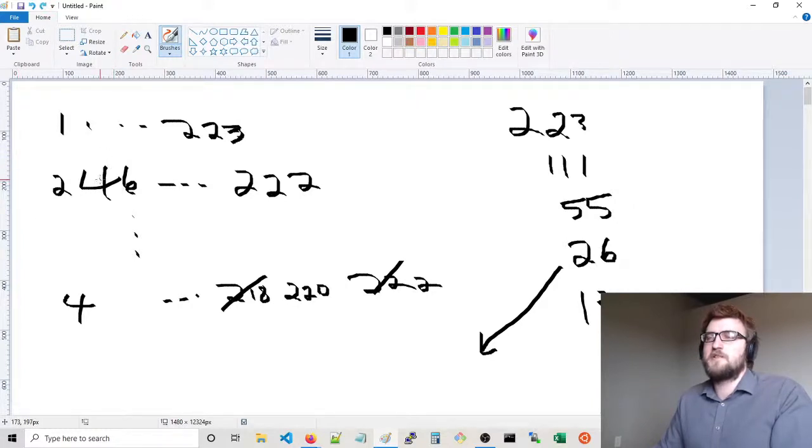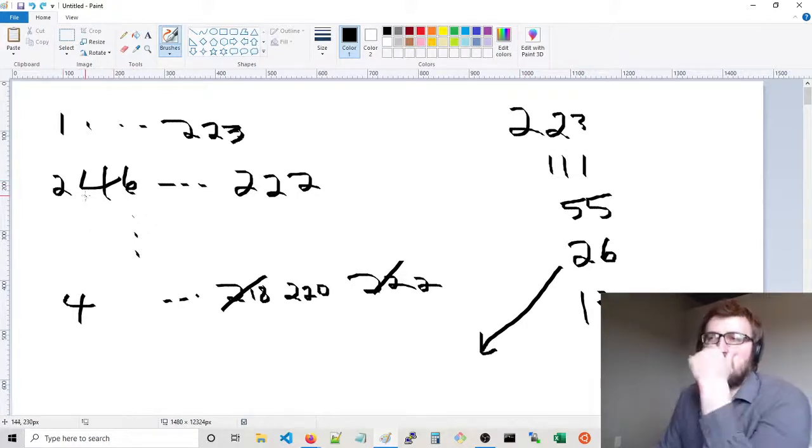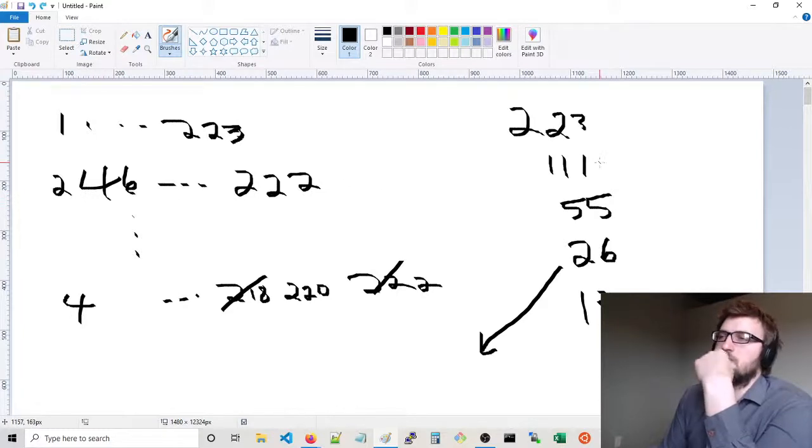And I want to say, because this is odd, you're going to end up with this one. If this were even, you would end up with this one. Yeah, I think that makes sense. So depending on the remainder, you'll have either one of these two.